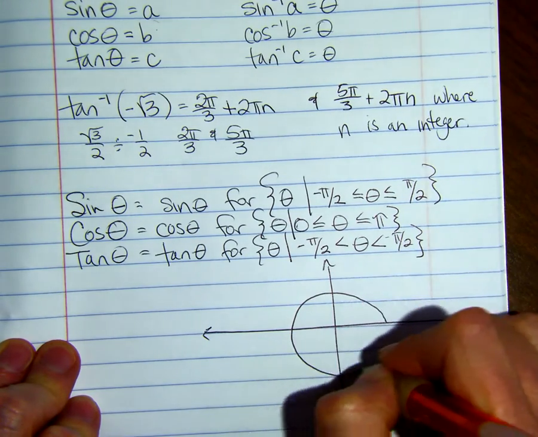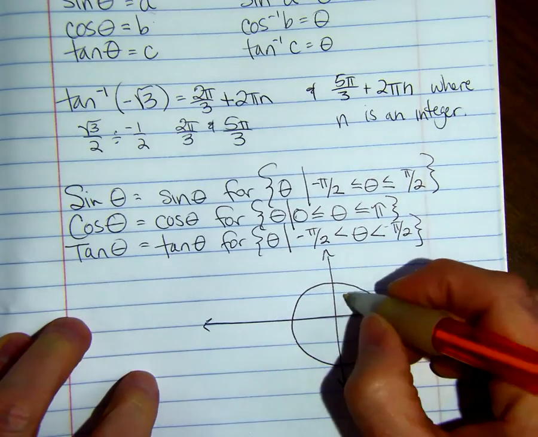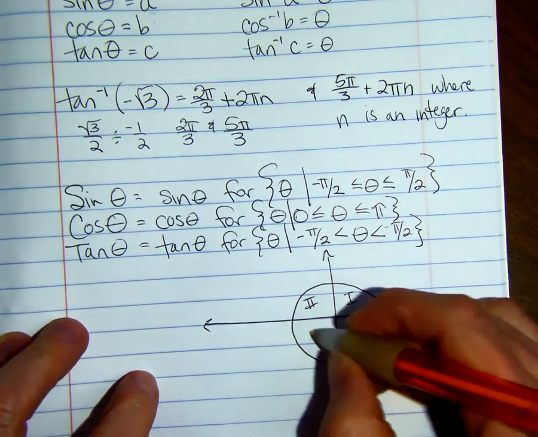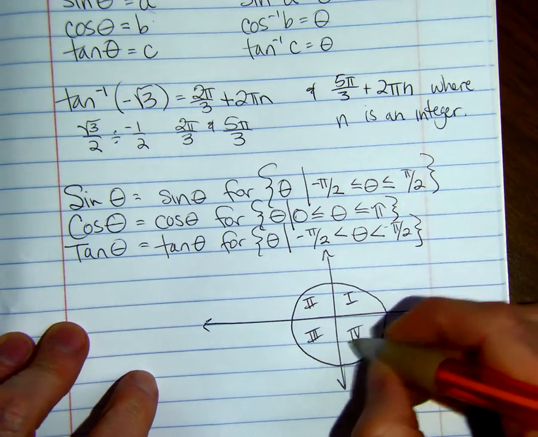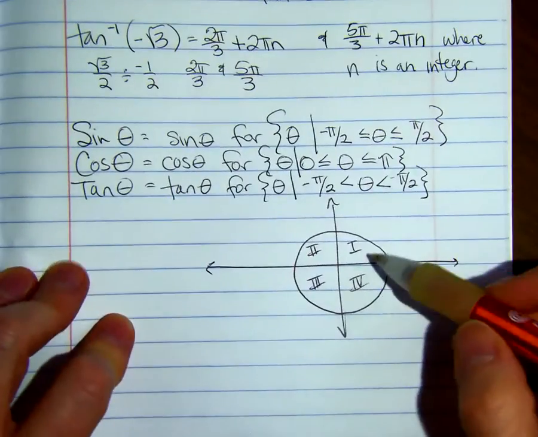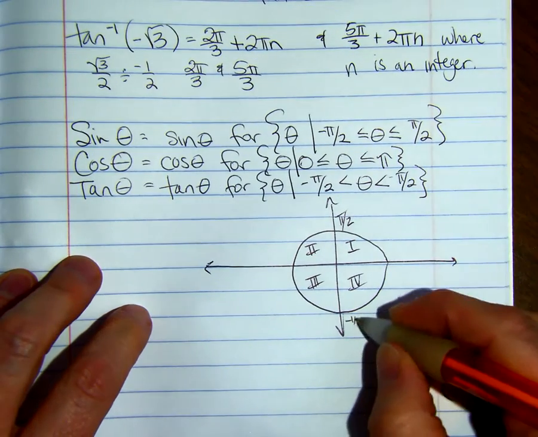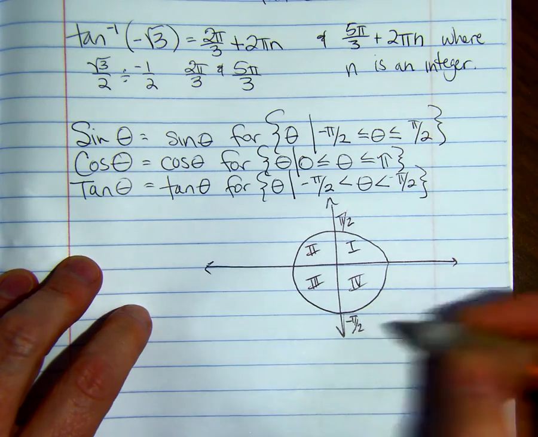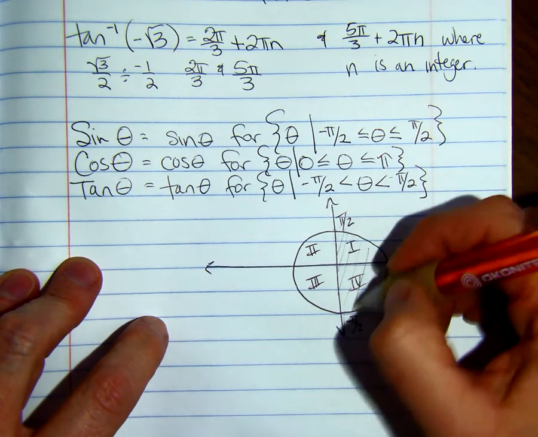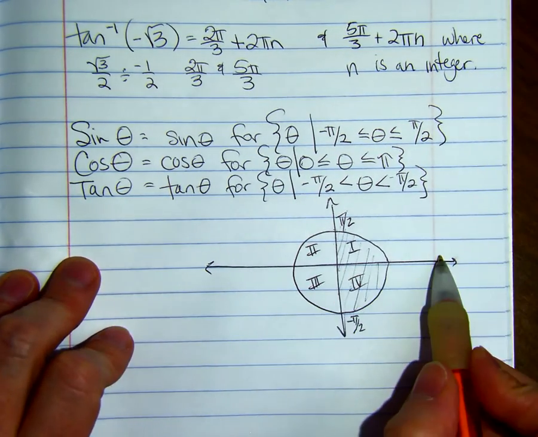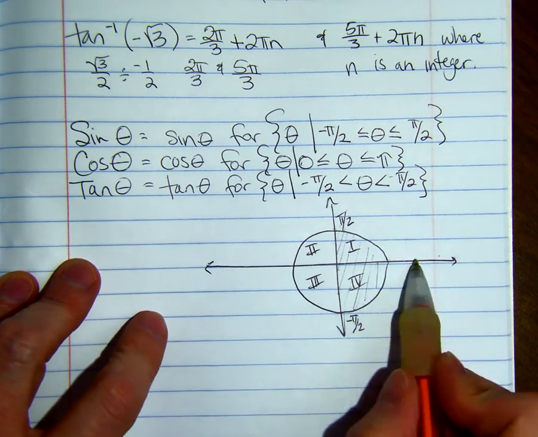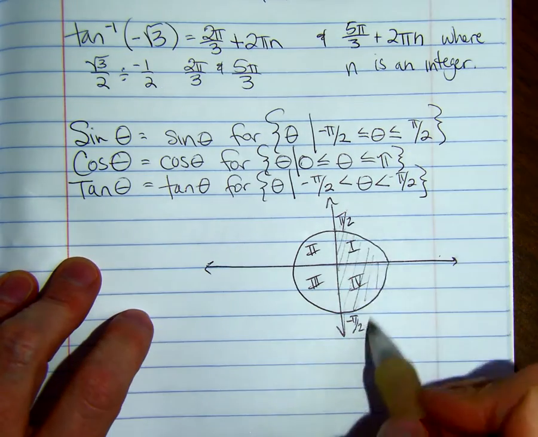So if you looked at a unit circle, this is the quadrants. Notice that the sine is positive between pi halves and negative pi halves. So all of this right here is the x value is positive. So that's how you know it's between negative pi halves and pi halves.